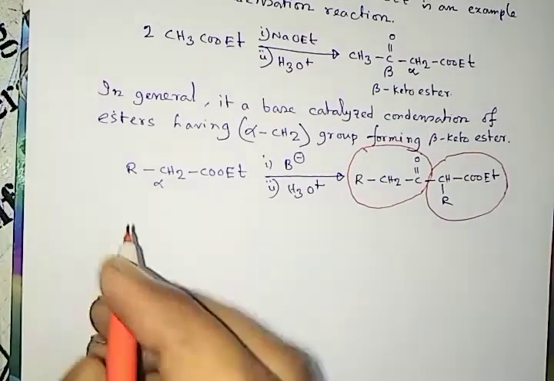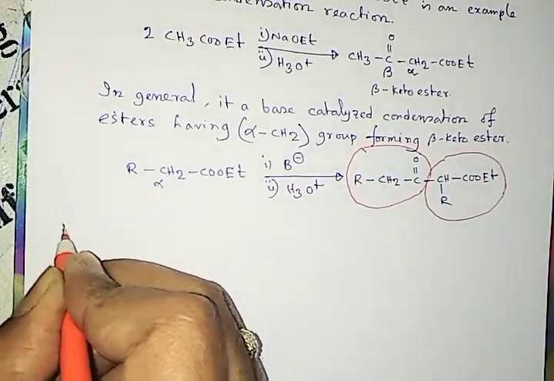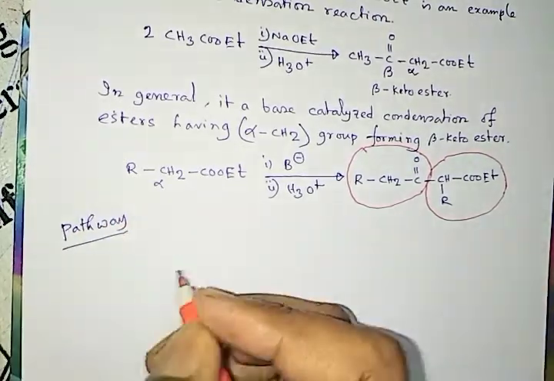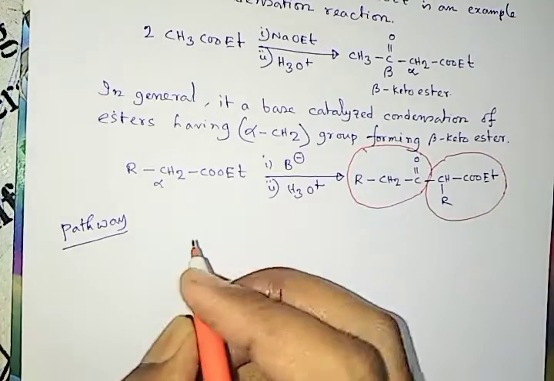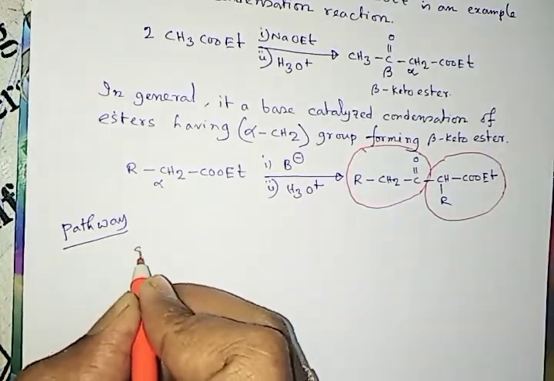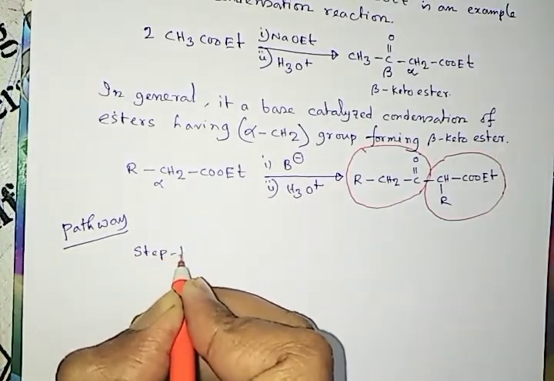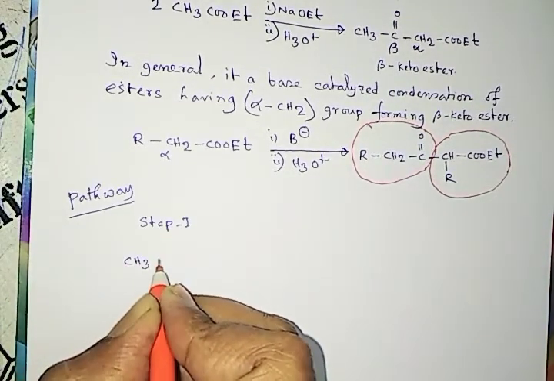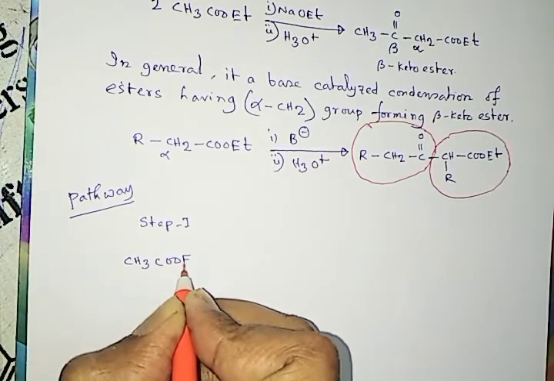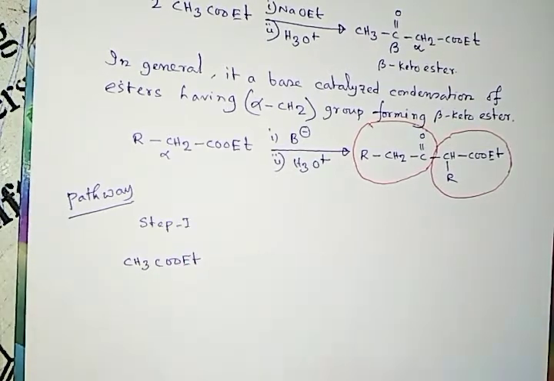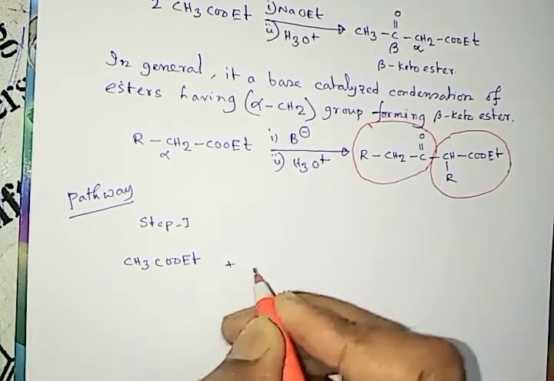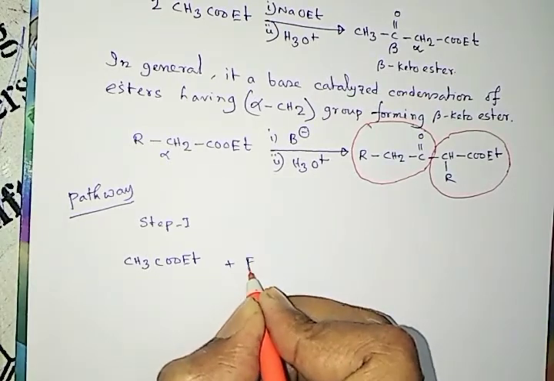So what is the mechanism of this reaction? The reaction proceeds in 4 steps. Step number 1, I am giving the reaction mechanism with the first reaction of ethyl acetate in the presence of ethoxide.